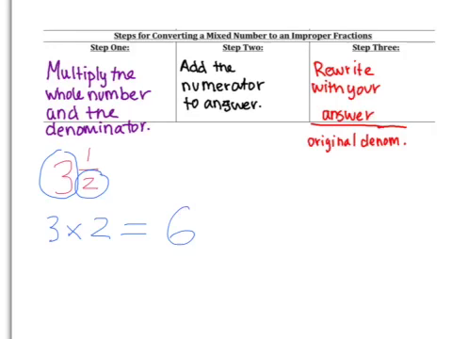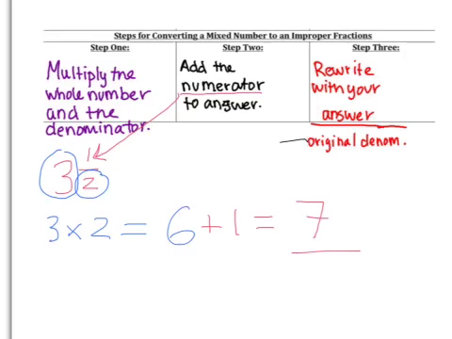Step 2 says to add your numerator to the answer. In our example, 1 is my numerator. So I'm going to take my answer, 6. I'm going to add 1. That gives me 7. Step 3 says to rewrite with your answer as your numerator, that's 7, and keeping your original denominator.